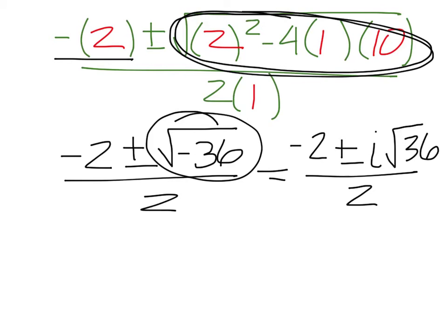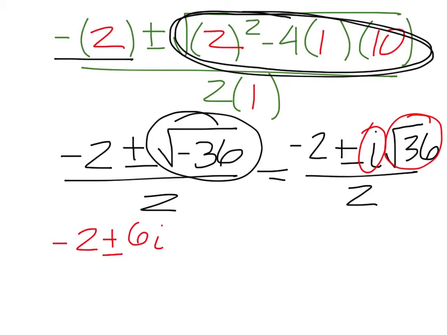And if you have a perfect square under a square root sign, then you can simplify it. What is the square root of 36? 6. So we'll do -2 plus or minus. Now you don't write i6 now. This is in front of a square root sign. Now that we've changed this to 6, you put it to the right of it.